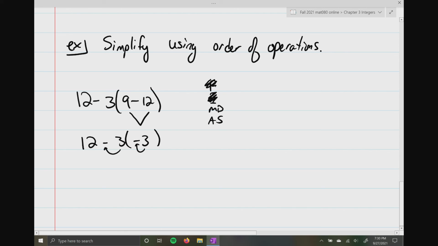A negative times a negative is a positive. 3 times 3 is 9. And then lastly, 12 plus 9 is going to be 21. My only word of advice here is to just take your time. Don't rush.